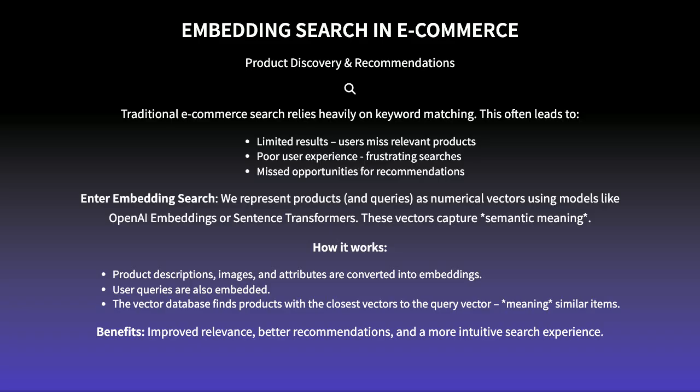Embedding search changes all of that by representing both your product descriptions and your searches as numerical vectors, basically capturing their *meaning*. Think of it like this: instead of just looking for red shoes, the system understands you might also be interested in crimson sneakers. This leads to more relevant results, a better user experience, and opens up exciting possibilities for personalized recommendations.